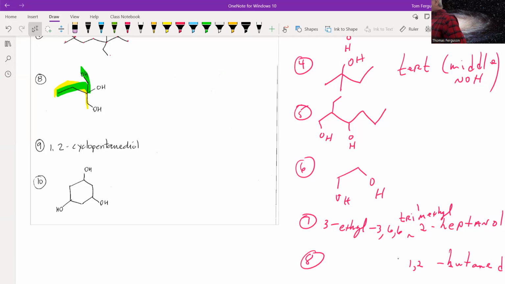And then as a branch, we have an alcohol branch. That's on carbon number 2. And we haven't talked about an alcohol being a branch. So I would not have a problem like that on the test, by the way.